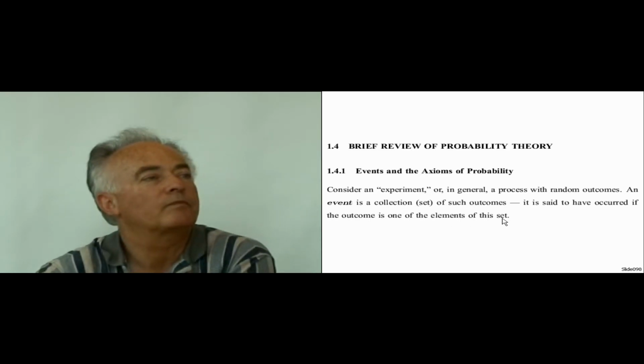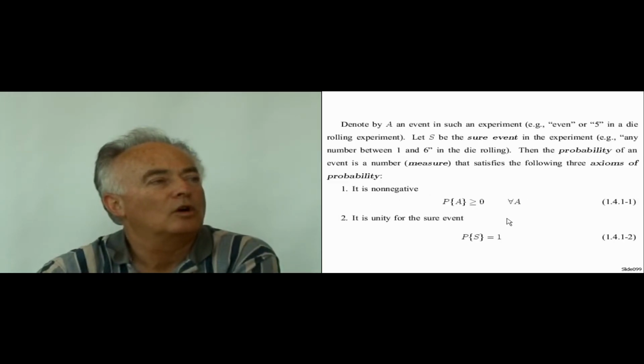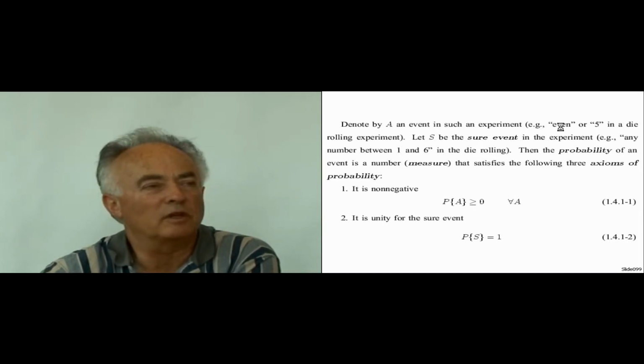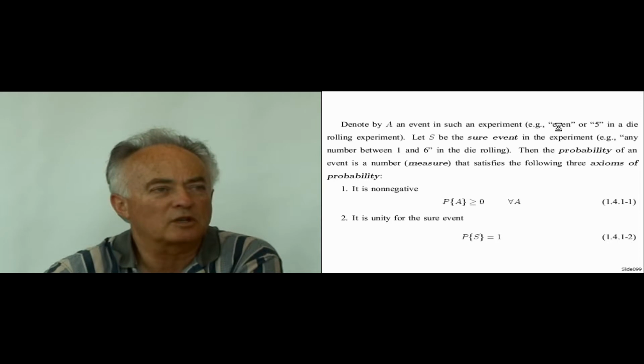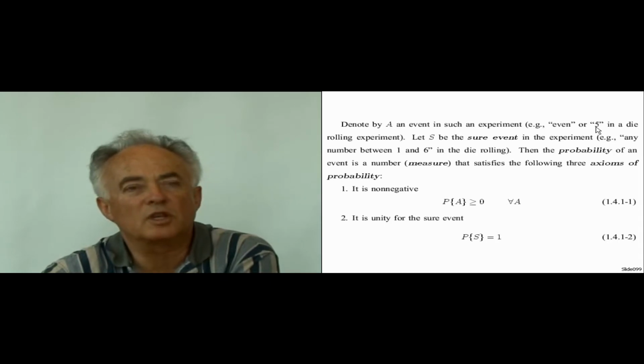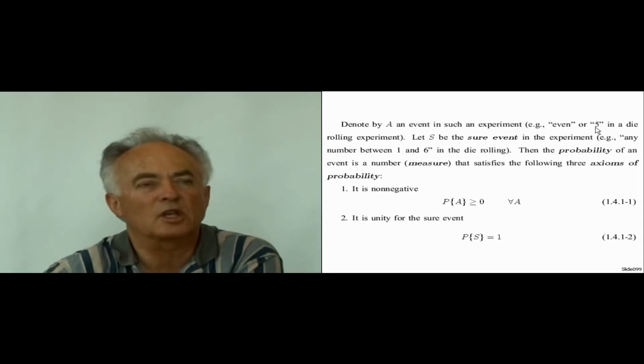As an example, we denote by A an event in such an experiment, say a die rolling experiment, where an even outcome is an event, that's 2, 4, or 6. 5 is another outcome. And we can define an event consisting of a single outcome or a set of outcomes.